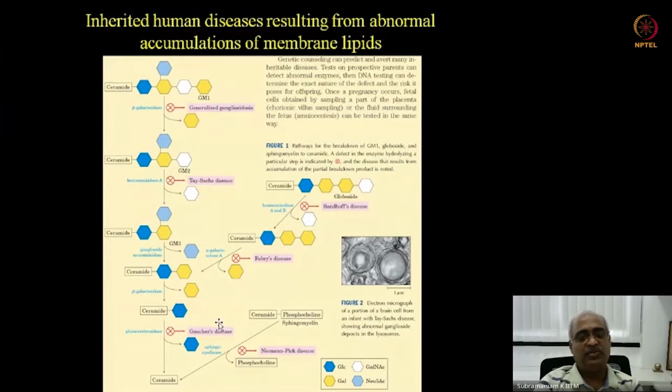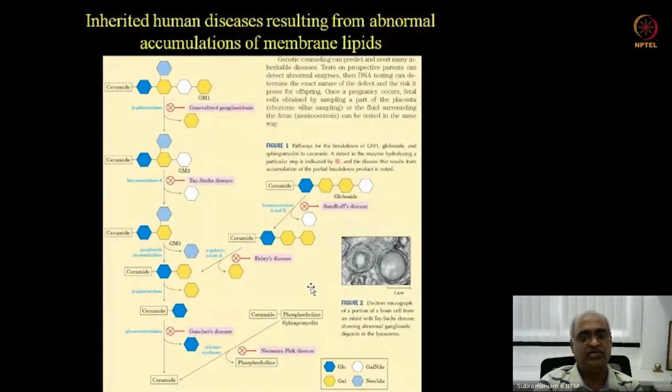And if someone in a family is known to have this disease, then you can diagnose it in the offspring by taking amniotic fluid, the fluid that cushions the developing embryo, and look for whether that mutation is there or not in the cells present in that amniotic fluid. One can culture them and find out whether that mutation is there.